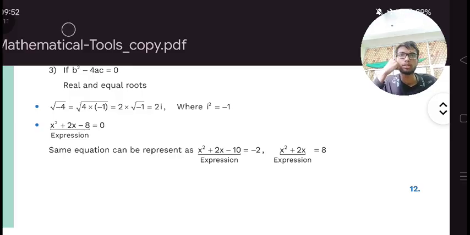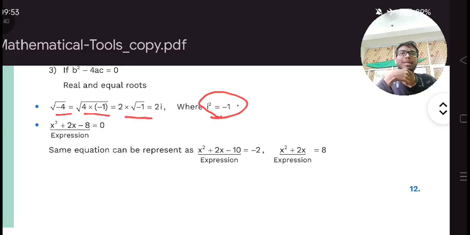Now next we have this, minus 4. What is happening over here? 4 multiplied by minus 1, and here we know that minus 1 is equal to i square.